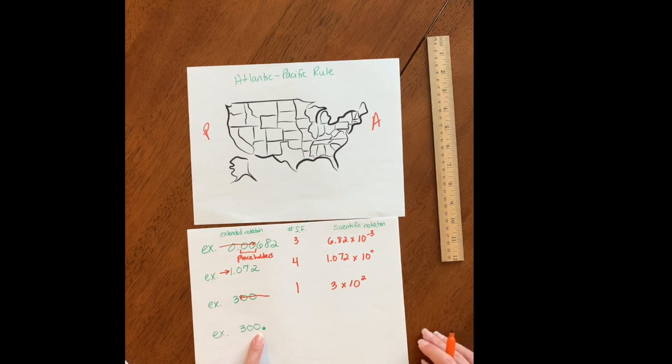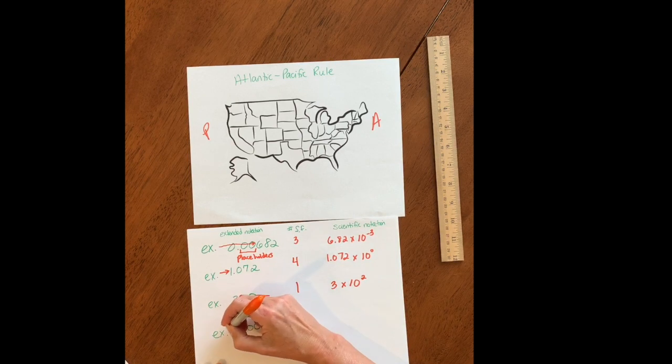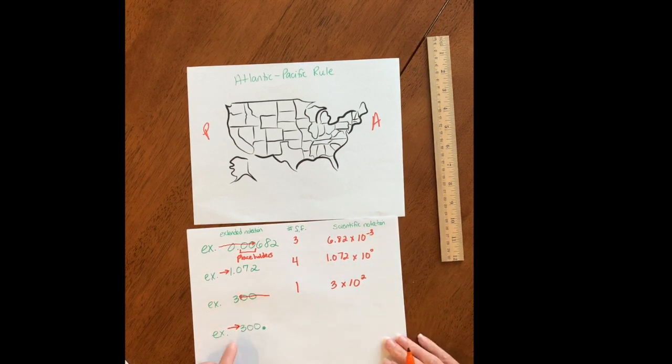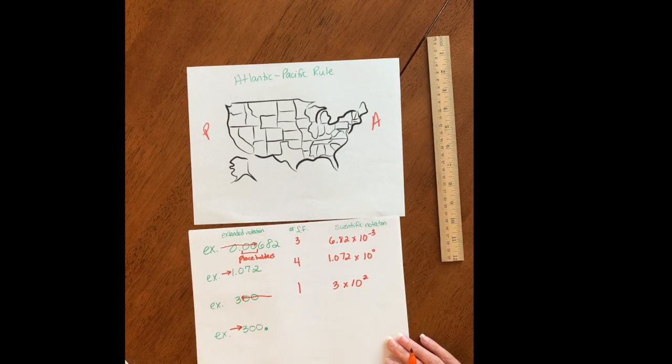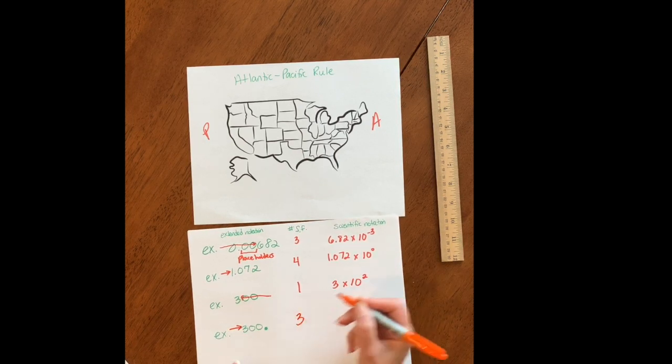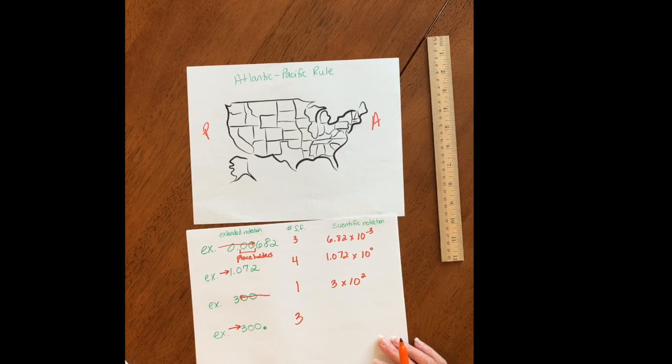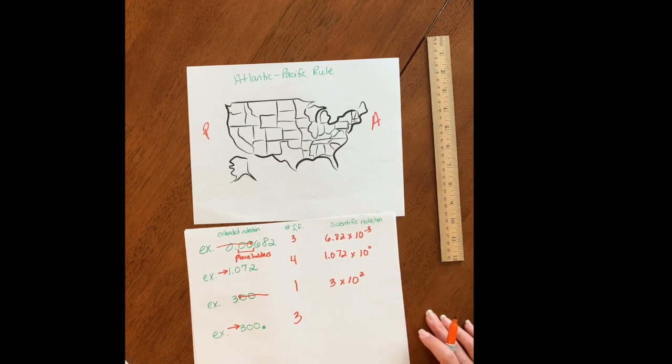We have a decimal present. We come in on the Pacific side. The first non-zero number is the 3, and every number after is significant. There are 3 sig figs in this example. And we have to actually write it differently in scientific notation because of that.